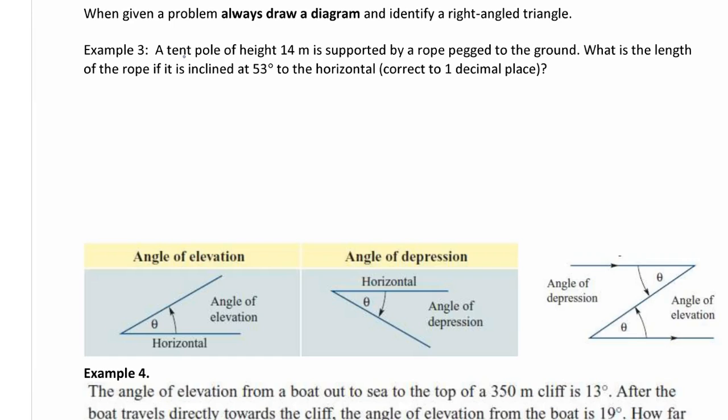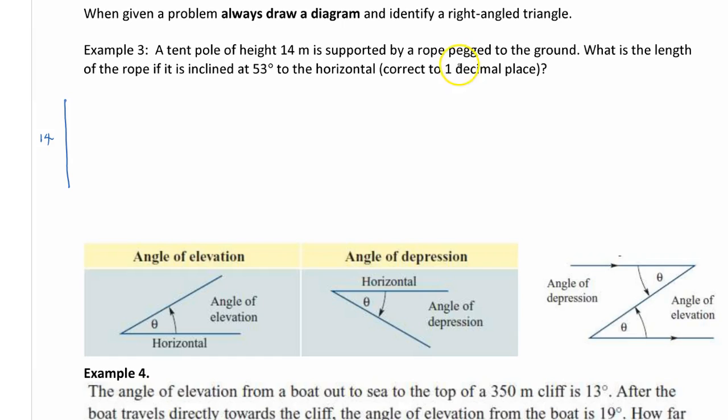So we're looking to identify a right angle triangle, put the information on, and ultimately decide, are we finding a side or are we finding an angle? So our tent pole, that will do for a tent pole, is 14 metres.